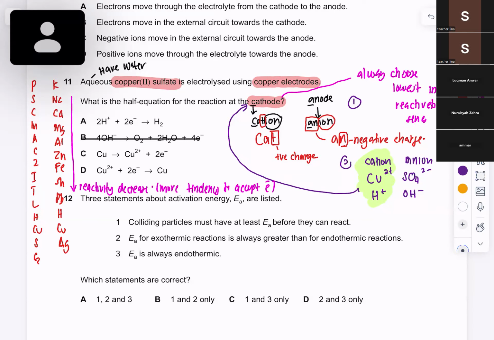Always choose the lowest, even for concentrated solutions. Now, comparing Cu and H, the lowest is Cu. So Cu here, and I cancel A.